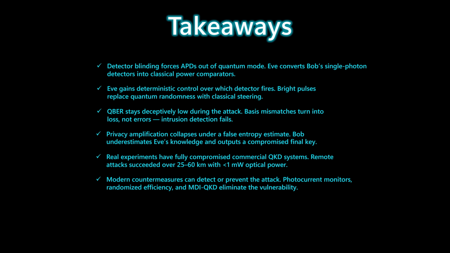Today, modern countermeasures can detect or prevent these attacks. Photocurrent monitoring, detector efficiency randomization, and measurement device-independent QKD eliminate the side channel and restore provable security. This concludes our walkthrough of how detector blinding works and how QKD engineers defend against it.